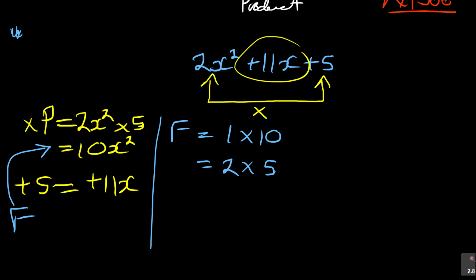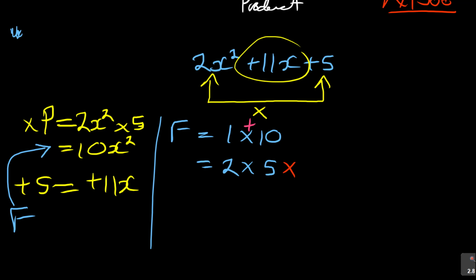From these factors of 10, I'm looking for two numbers that when I add them, I get 11. Since everything was positive, you can see that this one is out: 2 plus 5 is 7. But if I add here, 1 plus 10 is 11. So if everything is positive, then the factors also will be positive, which is simpler here, 1 plus 10 gives 11.